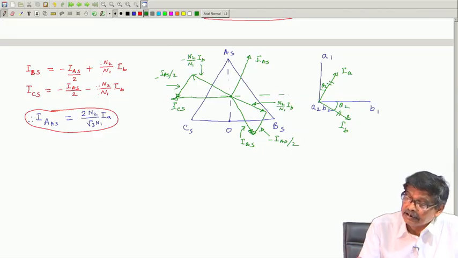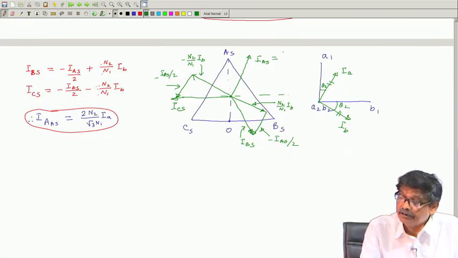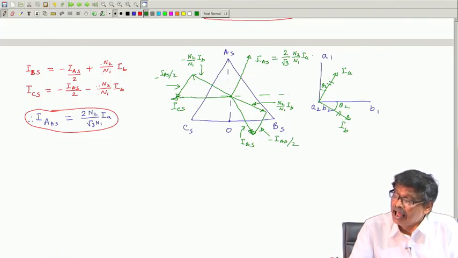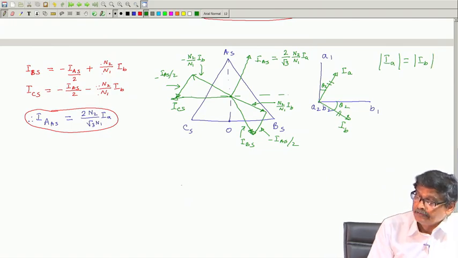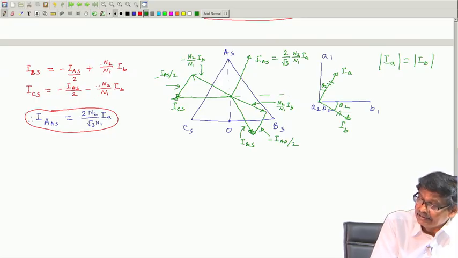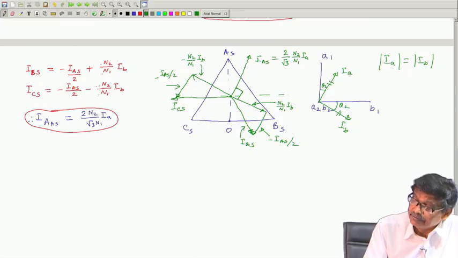So, the reflected current, and mind you what is IAS? IAS is 2 by root 3 into N 2 by N 1 into IA, and mind you magnitude of small IA and magnitude of small IB, they are same, you know. So, this is the thing, and obviously, this angle is 90 degrees because I have shifted IAS by theta 2, same angle.